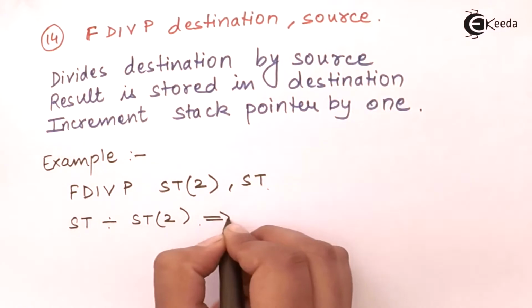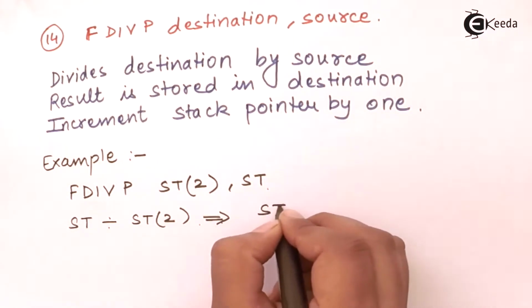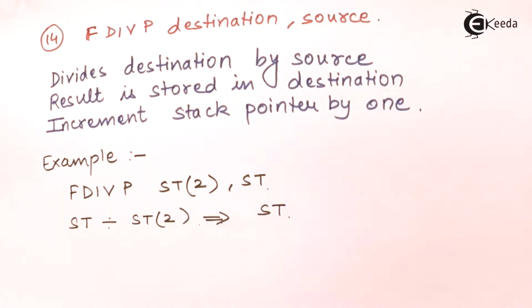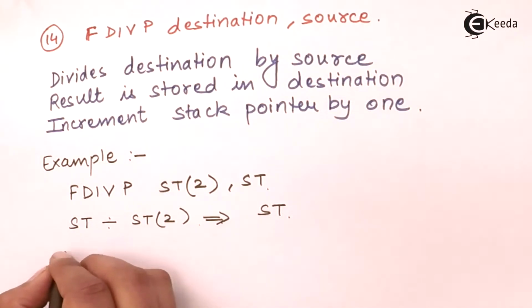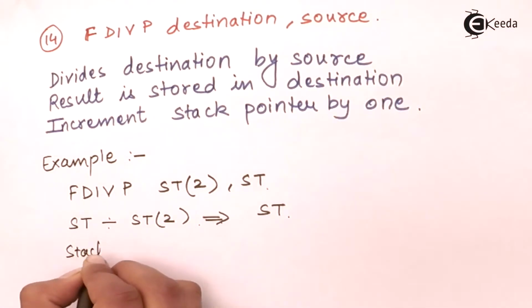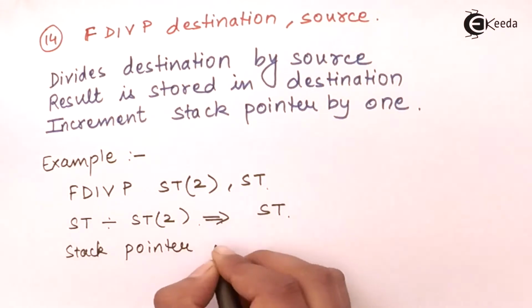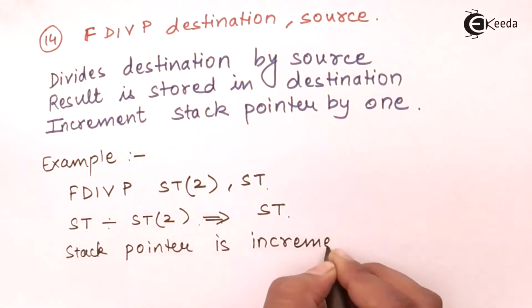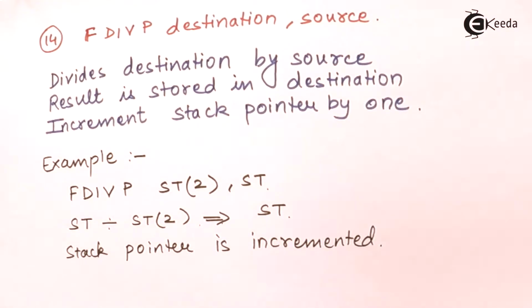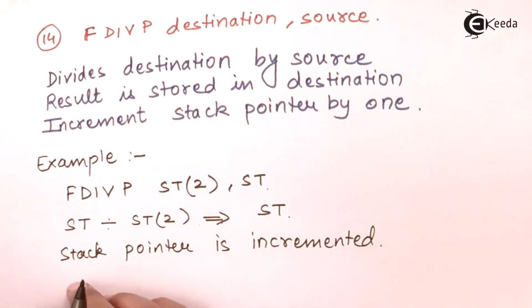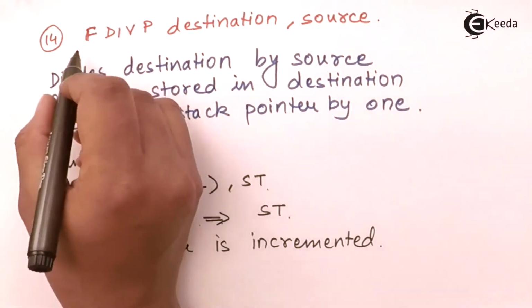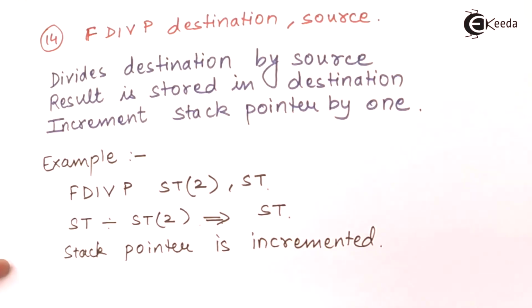The result is stored at ST, that is the top of the stack, and the stack pointer is incremented. So this was FDIVP.